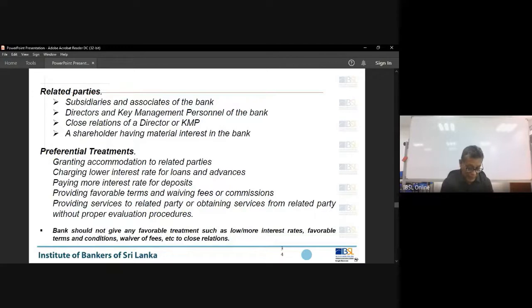Now, maybe you may have heard stories about directors obtaining loans at very concessional rates from leading state banks, but then nothing happened.